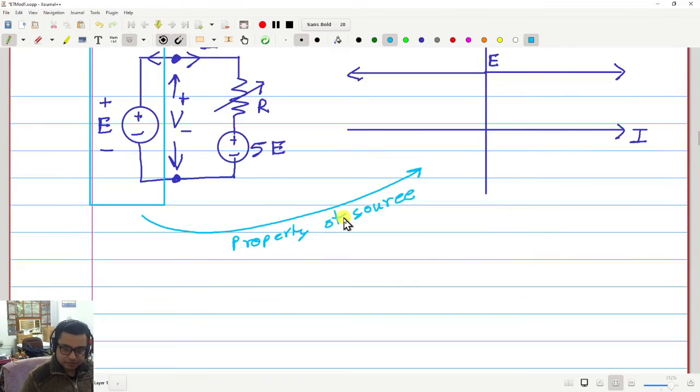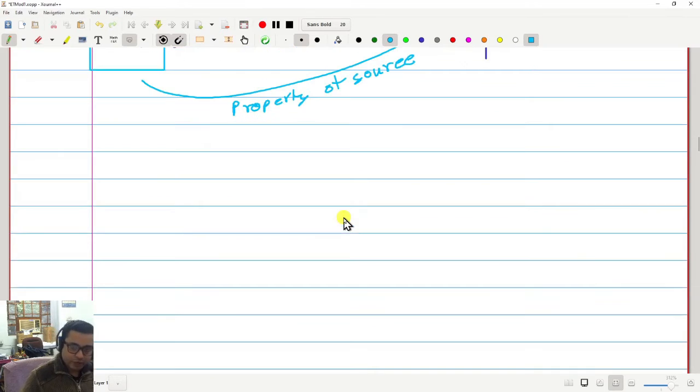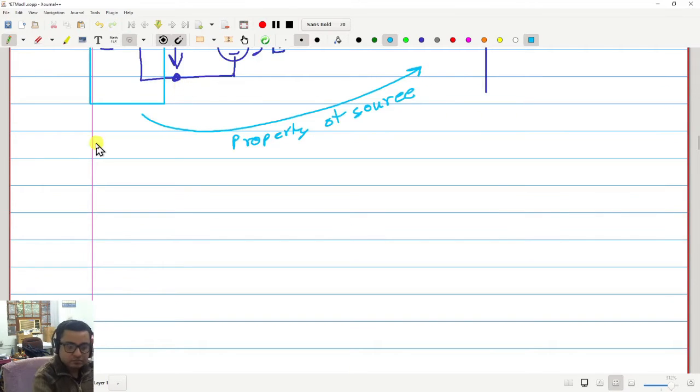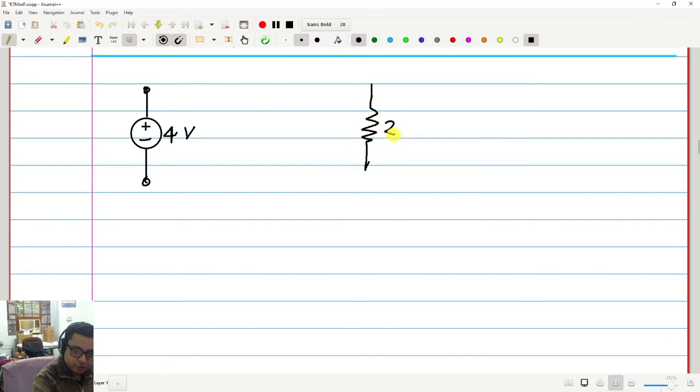Now, next thing. What can we do with these graphs? Suppose I give you a source. Suppose I know that this is 2 volt, and let me make it say 4 volt, and I take a resistance which is say 2 ohm.